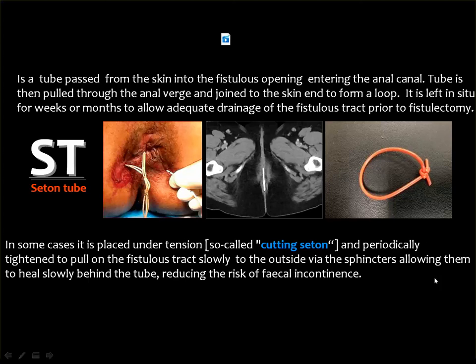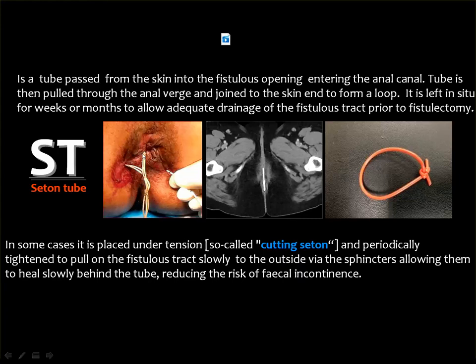And also this seton tube may be used for the treatment of some of the fistulae, and at that time it is called the cutting seton. And this cutting seton is just the same tube which is placed in the fistulous tract, and you get the two ends of the tube and you tie them.